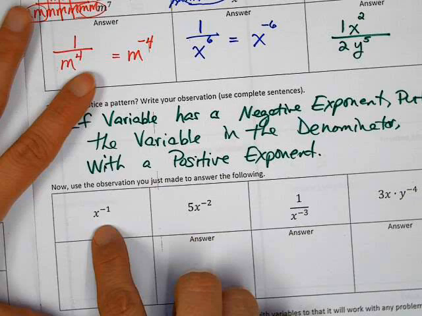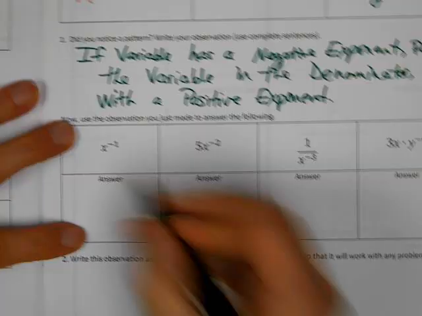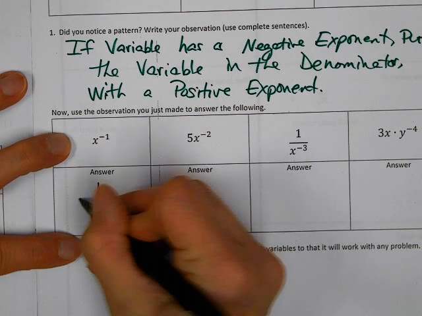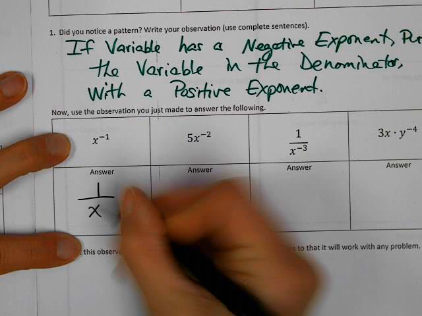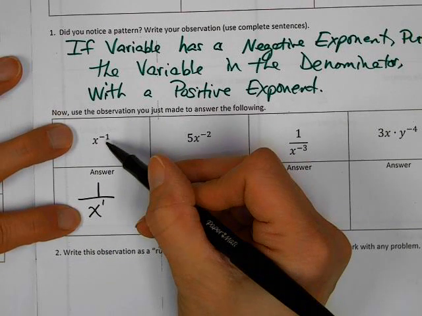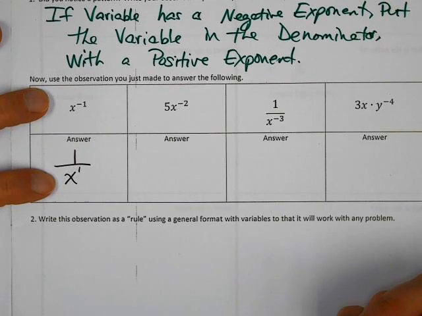Okay, so this next one right here, I've got x to the -1 power. So that means that there's 1 x. There's 1 x, but you have to write it in the denominator. You could write x to the first power. Do you see why I moved them to the bottom? Because the negative exponent changes to a positive.